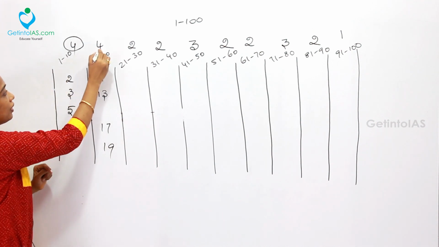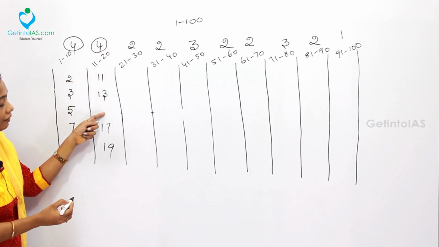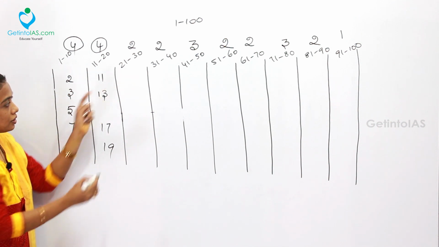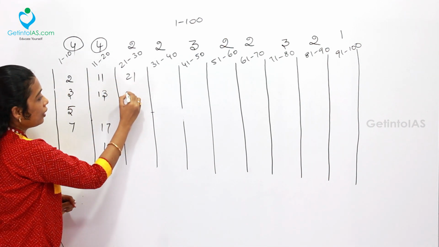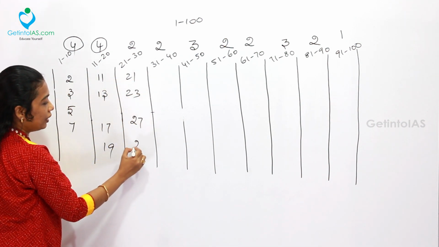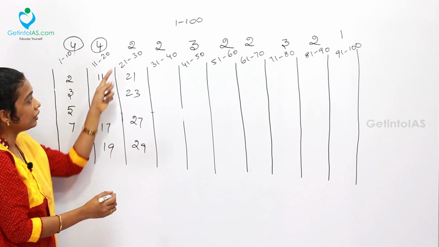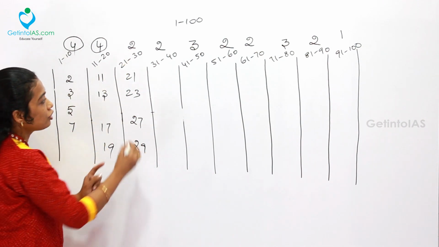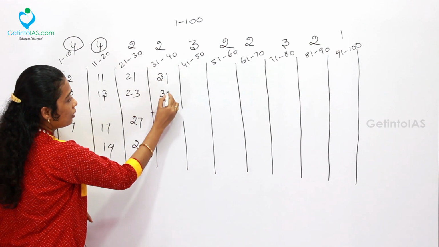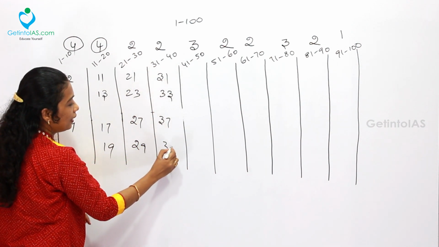Then the next 4, here it is clearly given 4. So, I have taken the 15 from this point. Now, we can write down 21, 23, 27, 29. From that, we are going to filter according to the requirement. So, let's write down 31, 33, 37, 39.